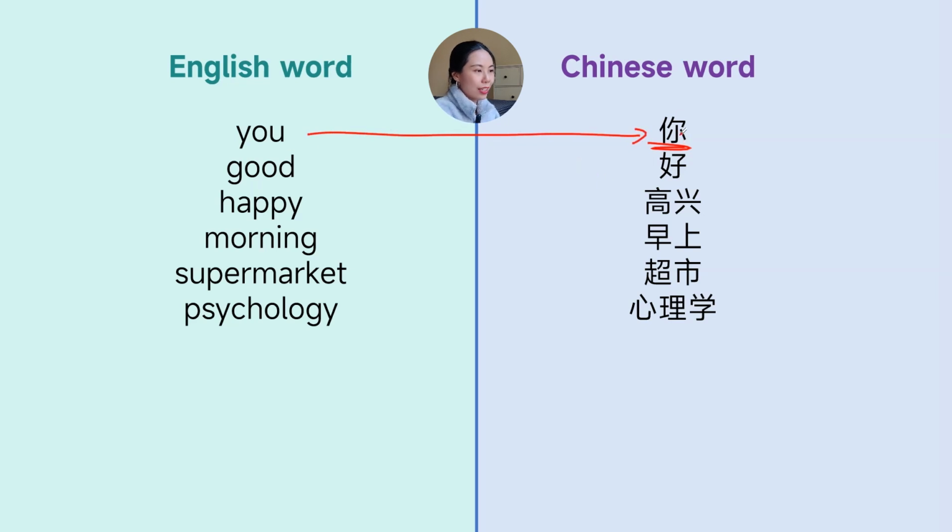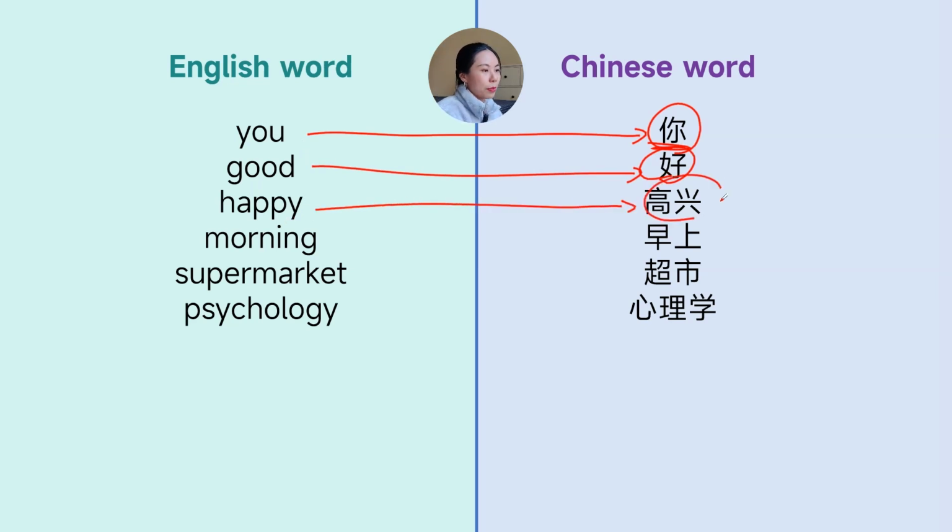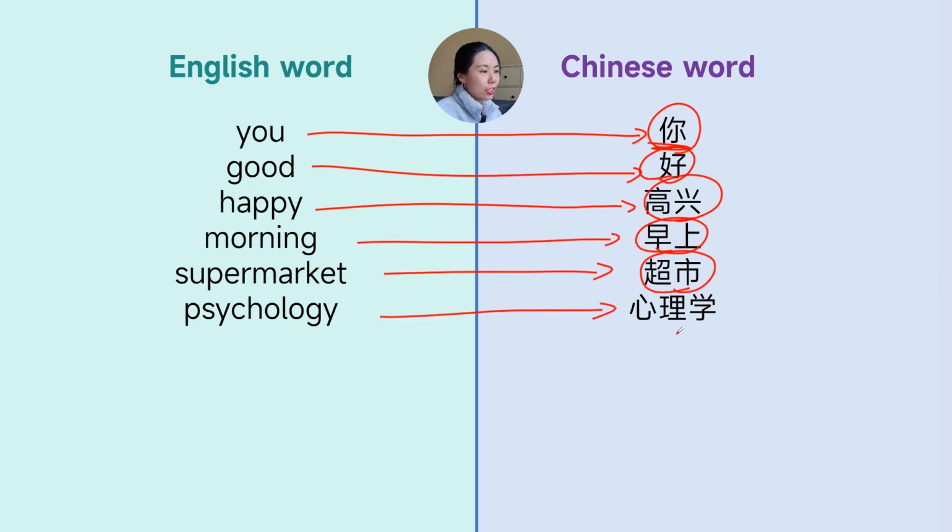Yeah, you is 你. Yeah, see? Here is just only one Chinese character. And good is just 好, pretty short. Happy would be 高兴. Morning, 早上. Supermarket, 超市. And psychology, 心理学.